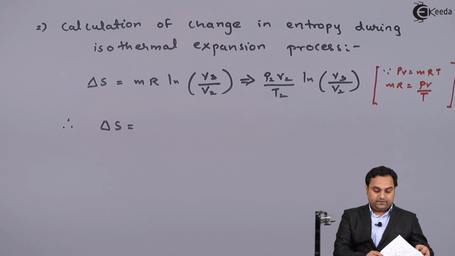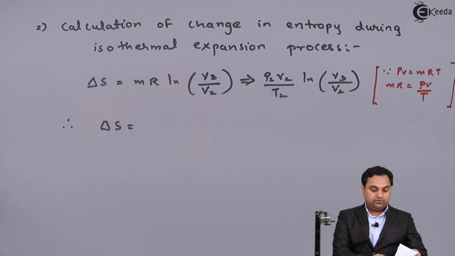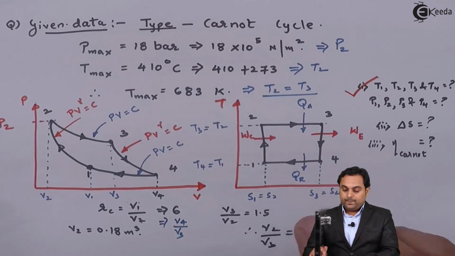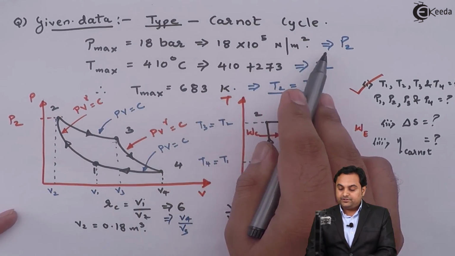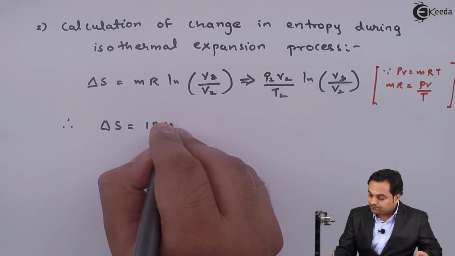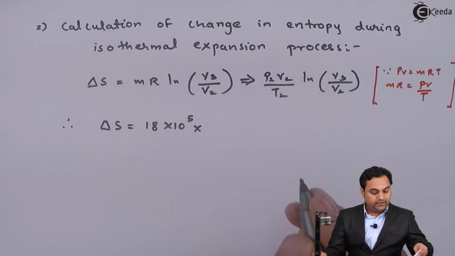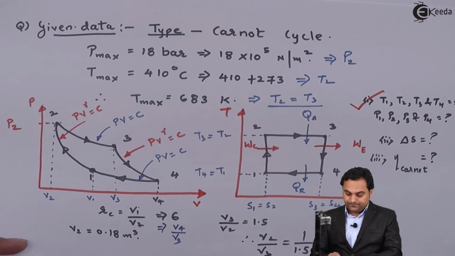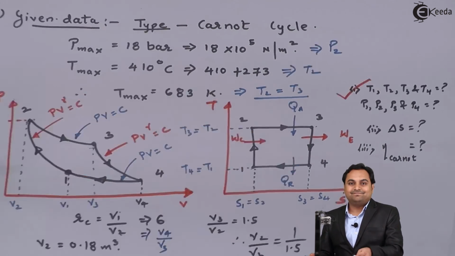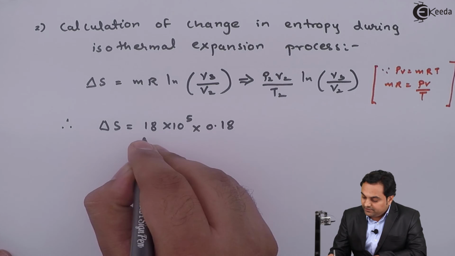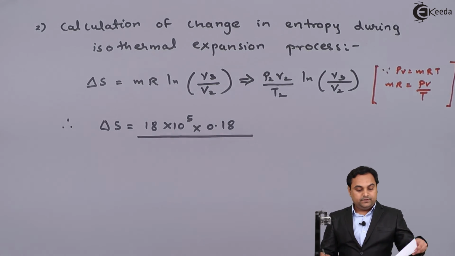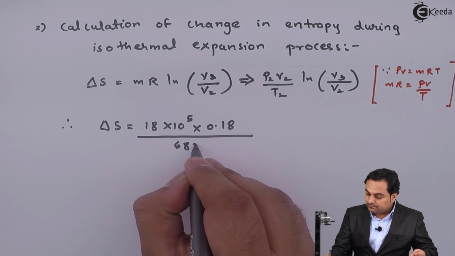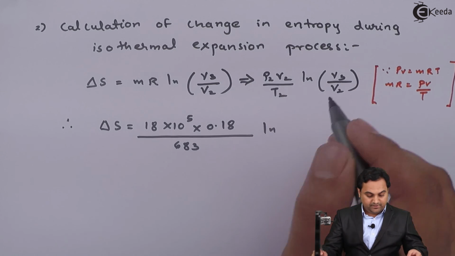Now if we see in the first part of the question, we have found out the pressures at all salient points and even the temperatures. So the P2 value is given in the problem as 18 into 10 raised to 5. Next, the V2 value is 0.18 meter cube, divided by T2, and that T2 value is 683 Kelvin, into ln of V3 by V2.